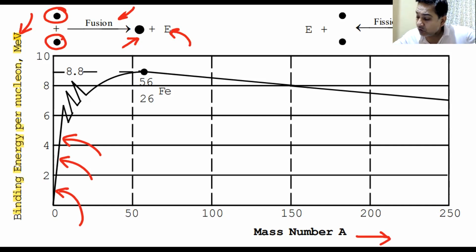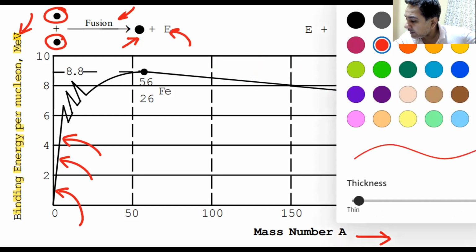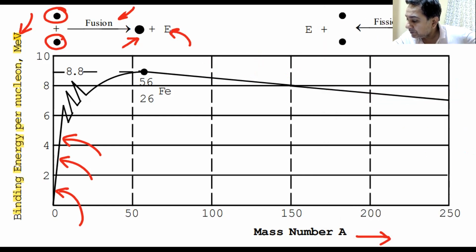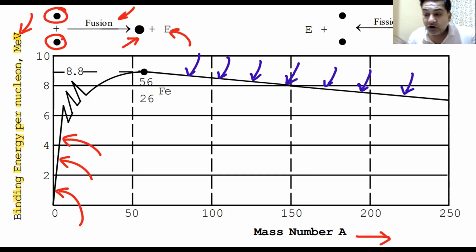Now, if I go in this region on the right hand side, what do I see? Let me use a different pen. The red pen was used there, so I'll use a blue one so that we get an idea. When I get on this side with the blue pen, I see a very interesting trend: with the increase in the mass number, the stability, or the binding energy per nucleon, is decreasing.